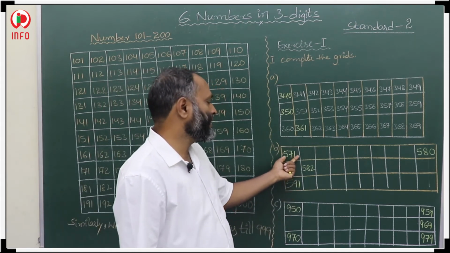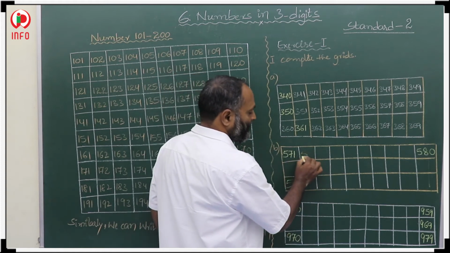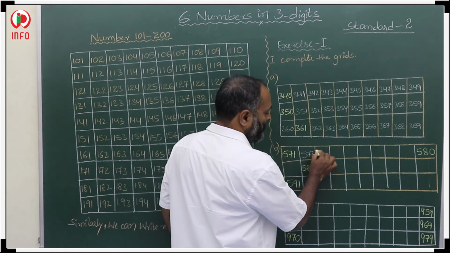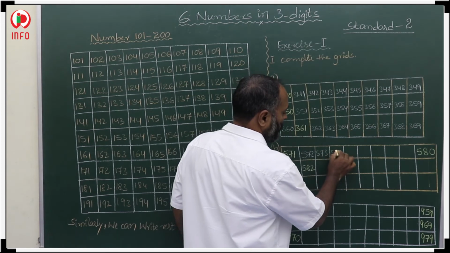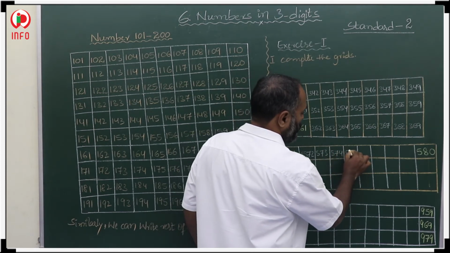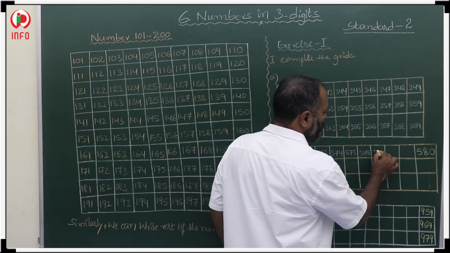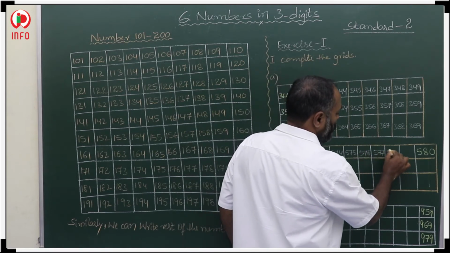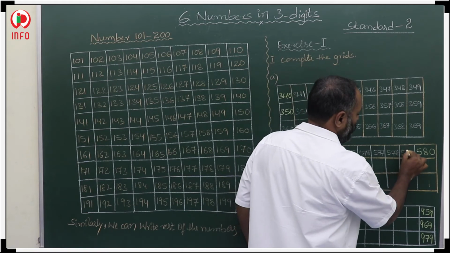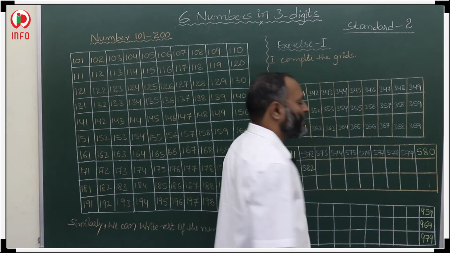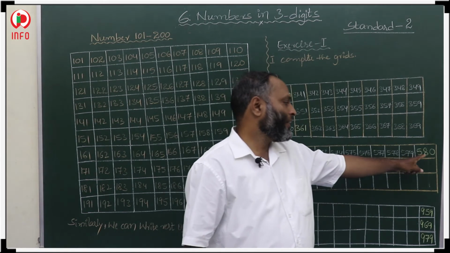Here 571 means 72, 572, 573, 574, 575, 576, 577, 578, 579. After 79, 580.